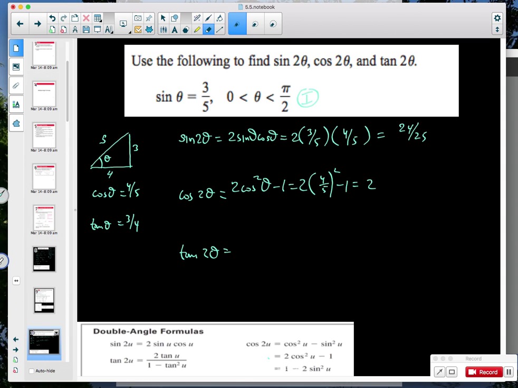So that becomes, even without a calculator, 2 times 16 over 25 minus 1, which is just 25 over 25. So 2 times 16 is 32. 32 minus 25 is negative 7 over 25. Correct me if I'm wrong. 32 minus 25 is not negative 7. It's positive 7, yes, correct.